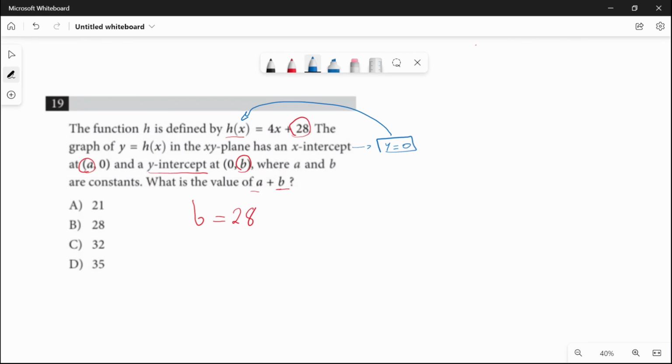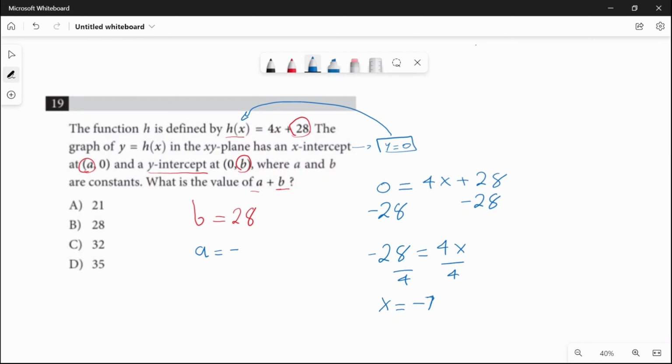So we will have 0 equal to 4x plus 28. Subtracting 28 from both sides, we will have negative 28 equal to 4x. Then we will divide by 4. So we will have a value of x equal to negative 7. The value of a, or the x-intercept, in this function is equal to negative 7.